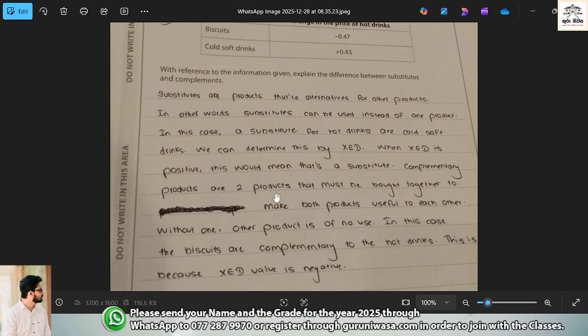Complementary products are two products that must be bought together to make both products useful to each other. Without one, the other product is of no use. In this case, the biscuits are complementary to soft drinks. This is because the XED value is negative.